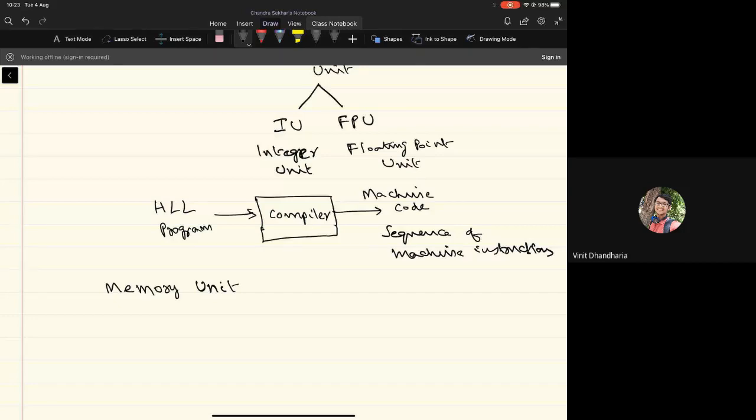Typically the memory unit is the one where both the data and the program are stored, and they'll be accessed from the memory and then brought into the CPU, where the processing will be done, and the processed results will also be stored in the memory unit before they are sent to the output devices, like a hard disk or a display or any other input-output device.